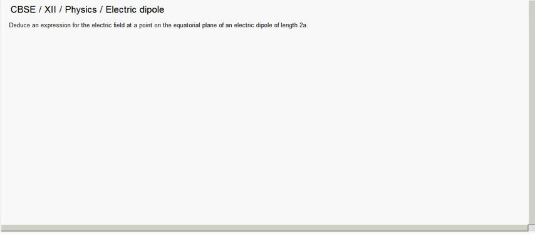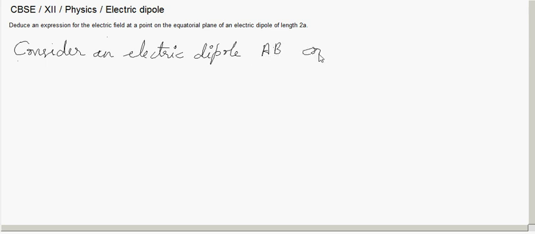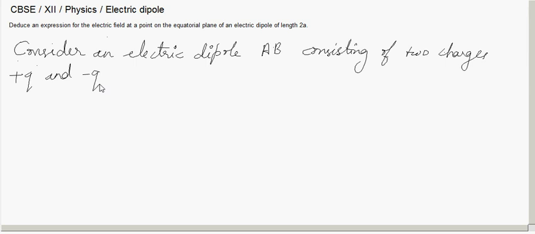What we will do is consider an electric dipole AB consisting of two charges plus q and minus q, separated by a distance 2a.